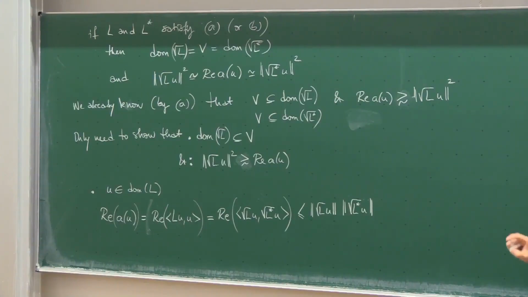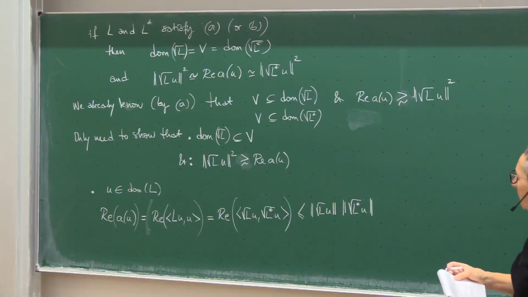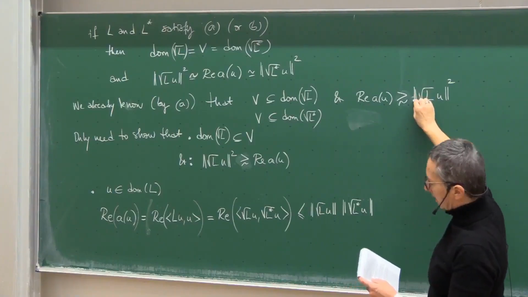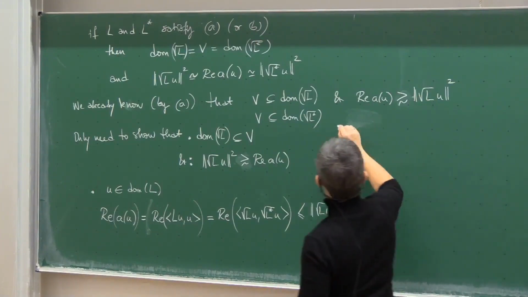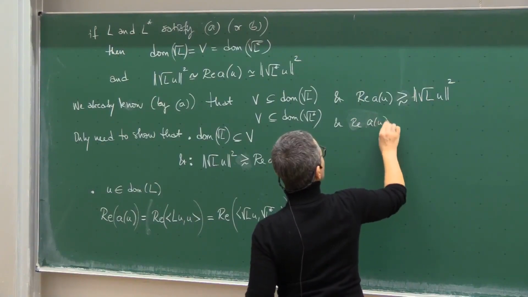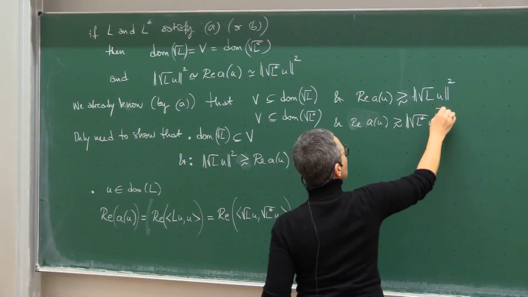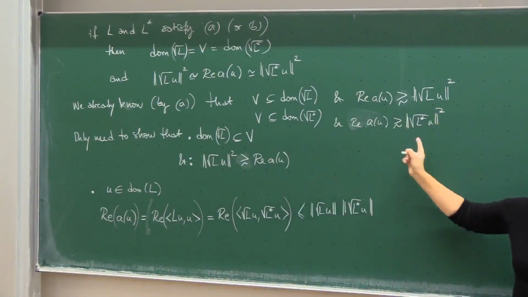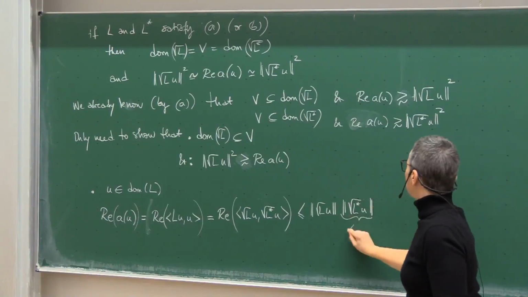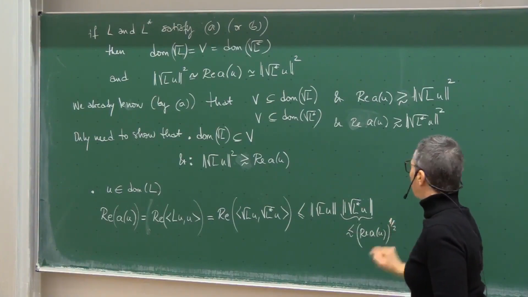But what I know is that this square root of L star u, I also have that, right? So what I know is that that one is controlled by the real part of A of u to the power 1/2.